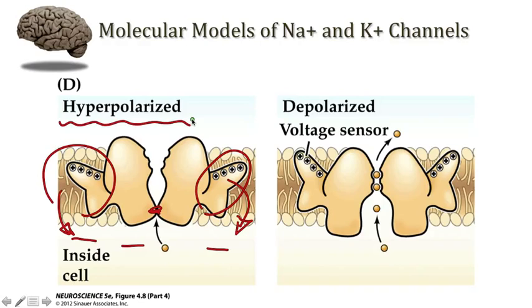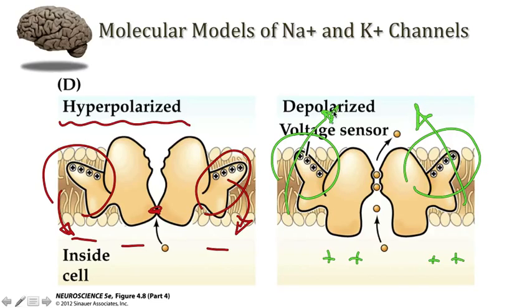Now imagine what will happen if we depolarize the cell, that is, we make the inside of the cell positive, perhaps by the opening of a voltage-gated sodium channel. Now these wings that bear these positive charges are pushed away by electrostatic forces, and that pivots the subunits in a way that now opens up a pore in the center of this channel, and potassium ions are then able to aggregate and pass out of this pore region.